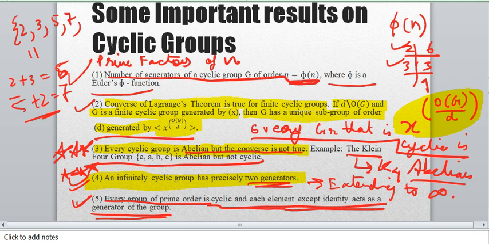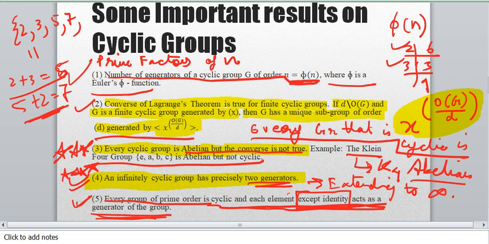So you can see that they are generating values of the group. But the identity element, okay, every element acts as a generator except the identity element.